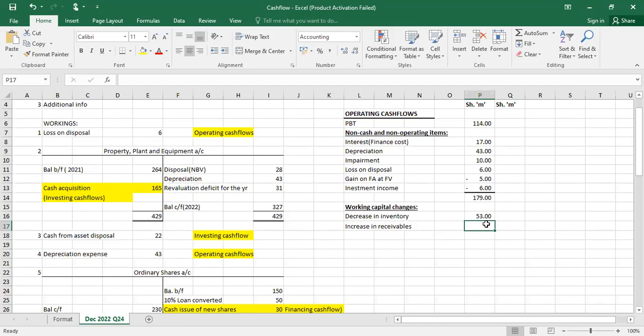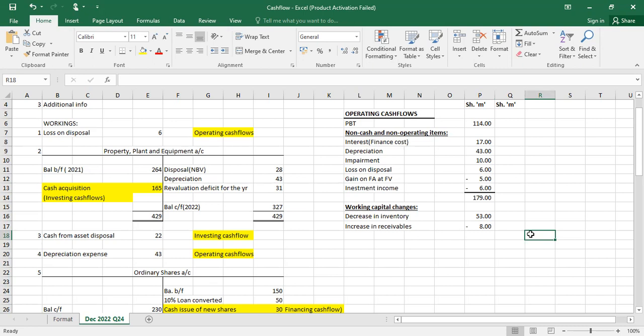By 8 million. And when receivables increase, what's the interpretation? Is that a plus or a minus? That's a minus. Yeah, when assets increase, that's a minus.